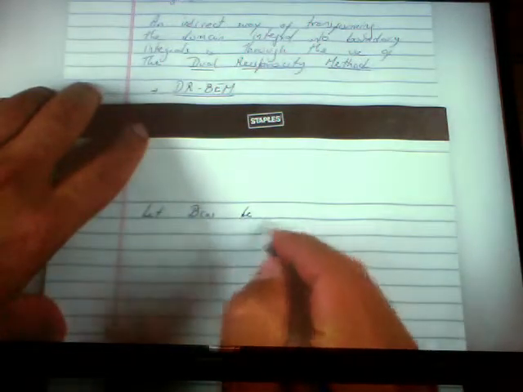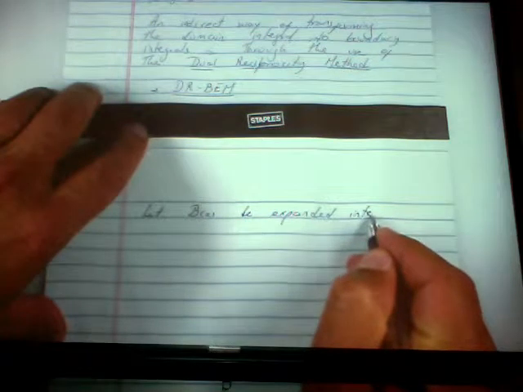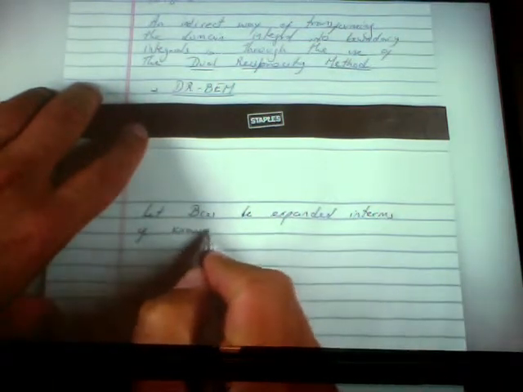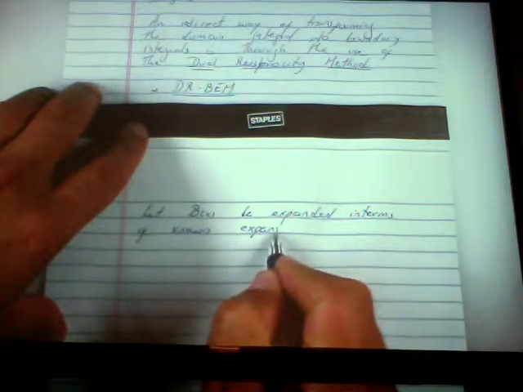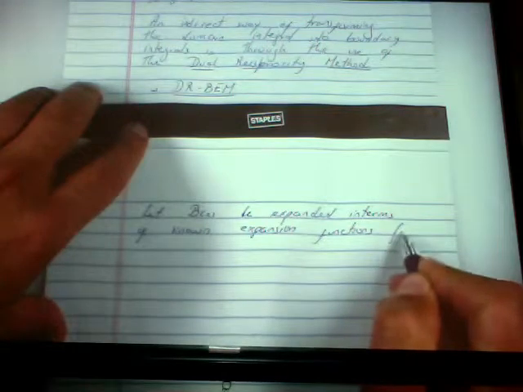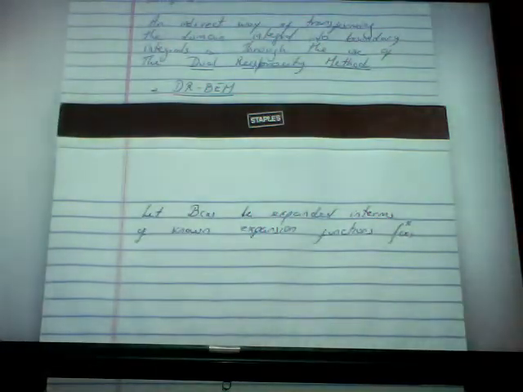So what we're going to do is let b of x, which remember is a known function, the right-hand side, be expanded in terms of known expansion functions f_k of x.